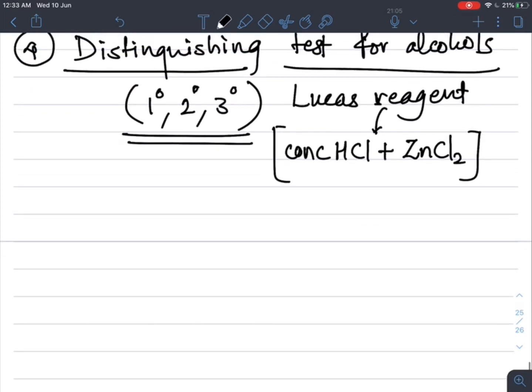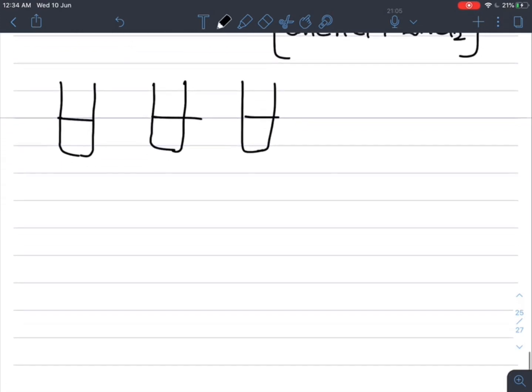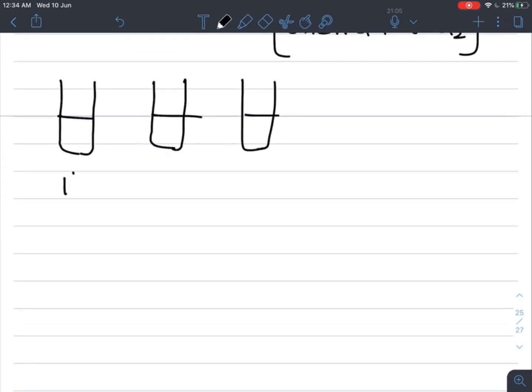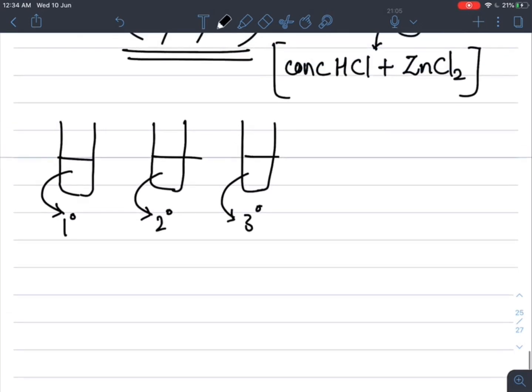Now what is this laboratory test? We can see here the laboratory identification of primary, secondary and tertiary alcohols. If we take three test tubes, and in these three test tubes there are three types of alcohol. Suppose here primary alcohol is there, here secondary alcohol, and here tertiary alcohol. And in these three test tubes, if we add a Lucas reagent, what happens?